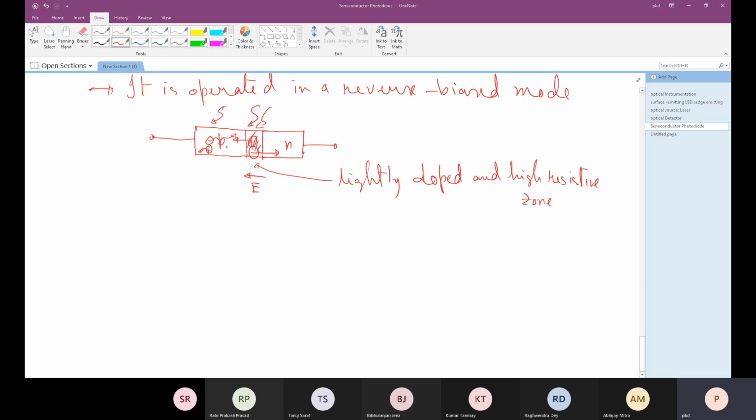Not only will it decrease the efficiency, but also it will decrease the speed of the operation, and because of the recombination the device will be heated up. So usually during construction the aperture of photon collection is fixed around this depletion zone, but the PN junction is usually much narrower.